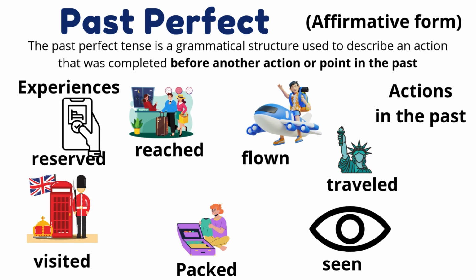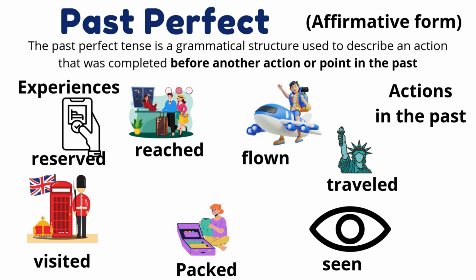Today we are going to learn about past perfect. Past perfect tense is a grammatical structure used to describe an action that was completed before another action or point in the past.